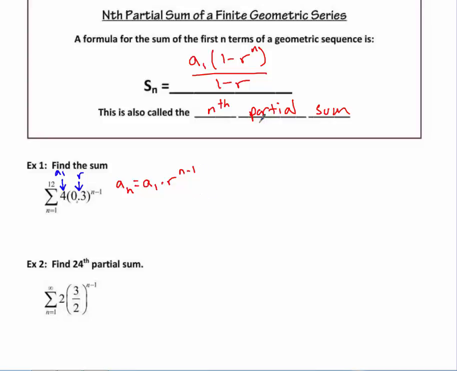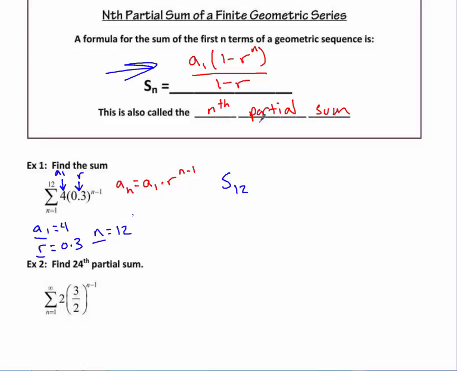So when you see one written like this, it's already giving you your a sub 1 is 4, your r is 0.3, and your n, we look right here to go from 1 to 12, n equals 12. So we have all the things we need to use this formula. So we're just going to use the formula.